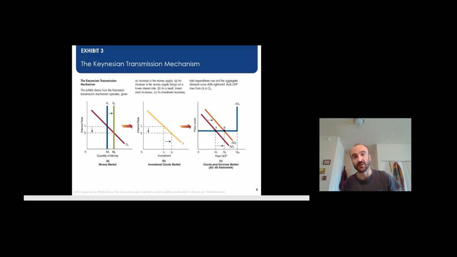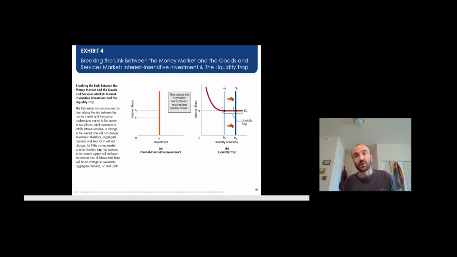Let's see the supply and demand framework here. If you want the interest rate to go down, you have to increase the supply of credit. But the supply of credit, of loans, will not increase because people don't want to part with their cash. Their cash is a liquid asset that is insurance against the uncertainty.